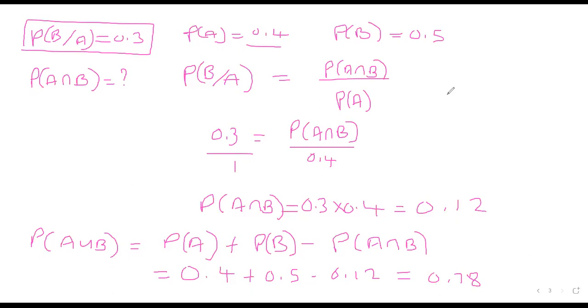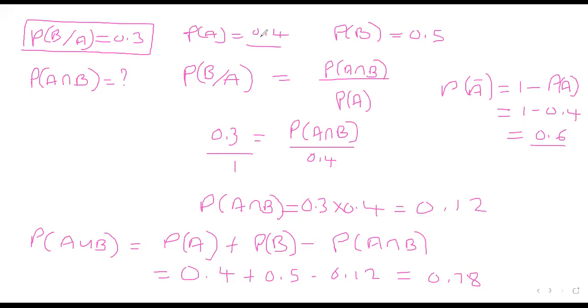Who wants to help us find the complement of A and the complement of B? The complement of A is 1 minus A itself. Our A is 0.4, so 1 minus A is 0.6.